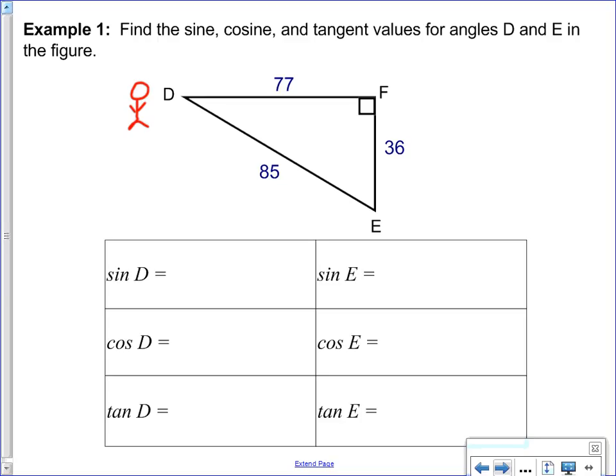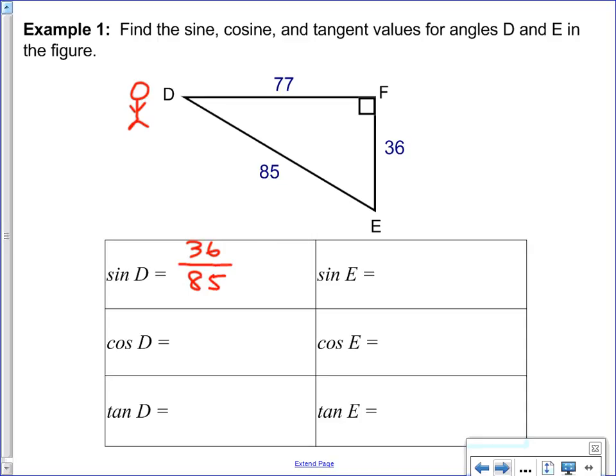What's opposite from Jalish? The 36. And the hypotenuse would be 85. So one of these ratios is 36 over 85.